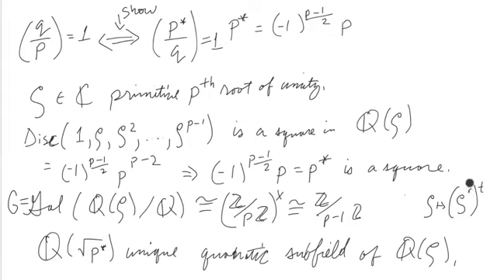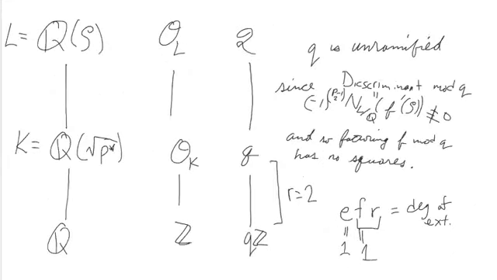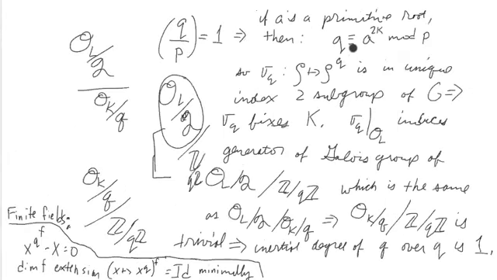And if Q is a square, that means it lives in the unique index 2 subgroup, or at least the automorphism described by raising to a power lives in that unique subgroup.